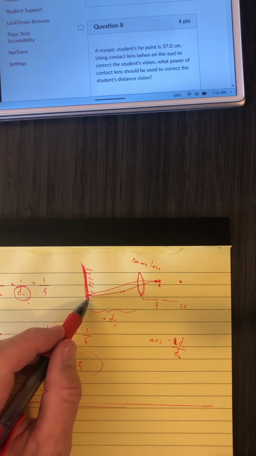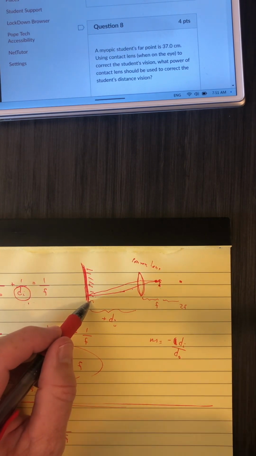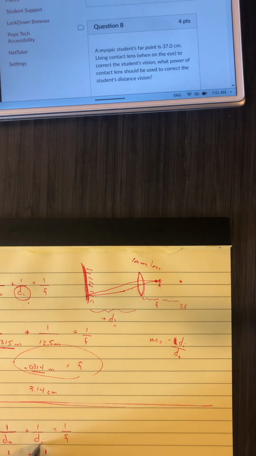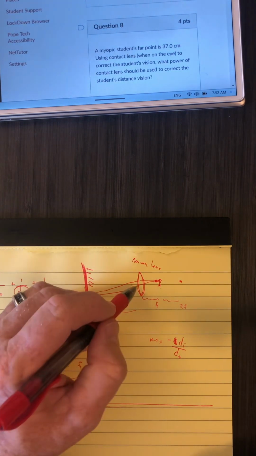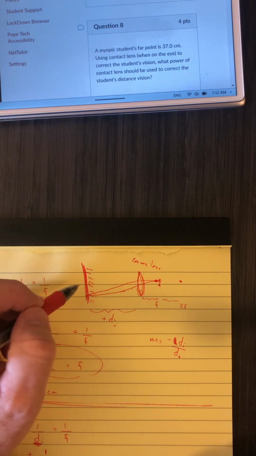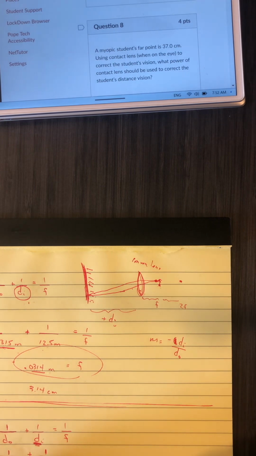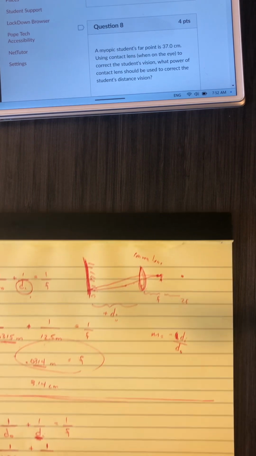My point is this would have to be a real image, so this distance would have to be positive, and it would be the distance from a human lens to the retina, which we learned is about 2 centimeters for everybody. It's very, very close. Even very large people with large eye sockets, it's just 2.1. So there's very little variation.